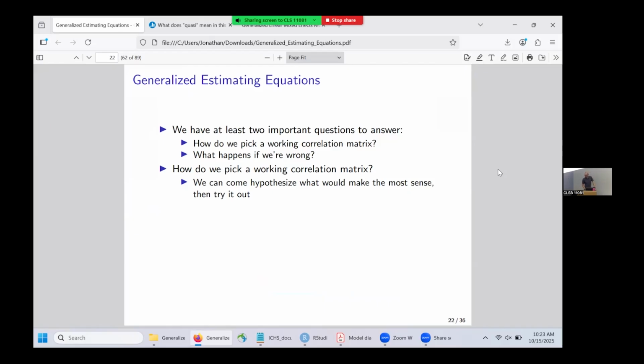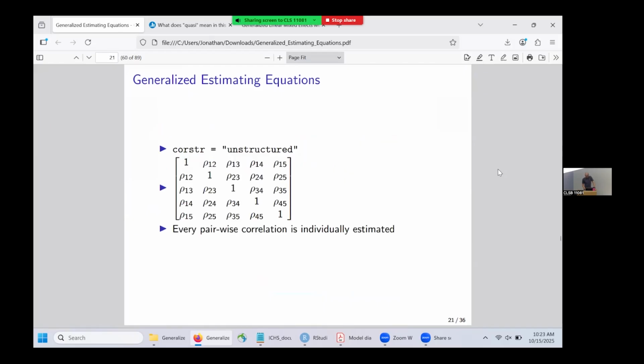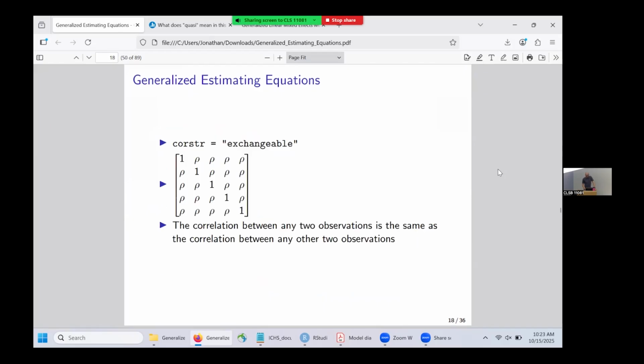Let's say in the simplest one, the exchangeable, simplest one with a parameter, rho. Is this rho an input of the function in GEE or not? It is not an input. Okay, so you don't need to assume anything from your data. No. There might be an option where you can give it a starting value.